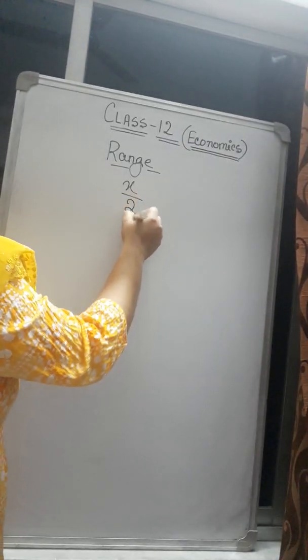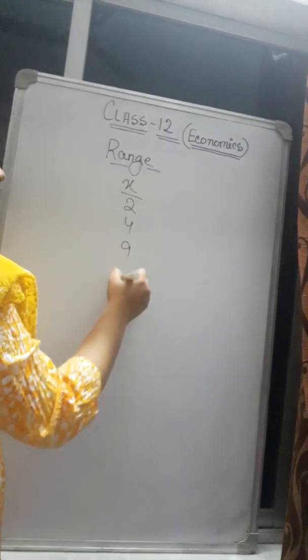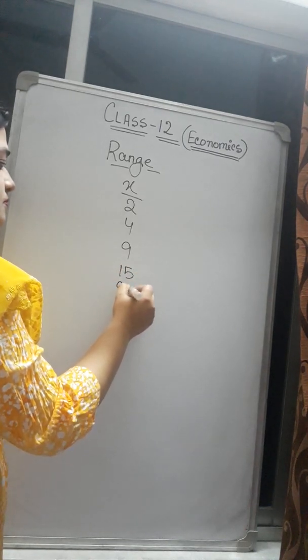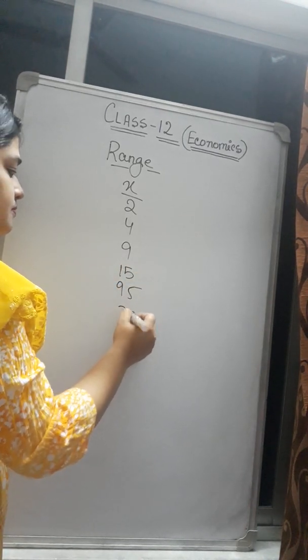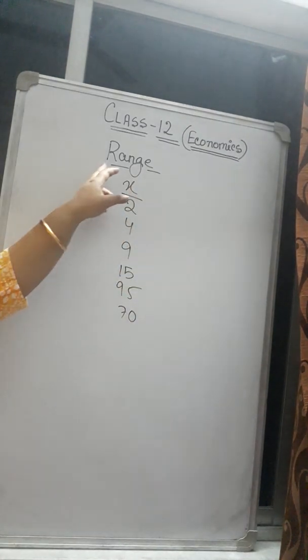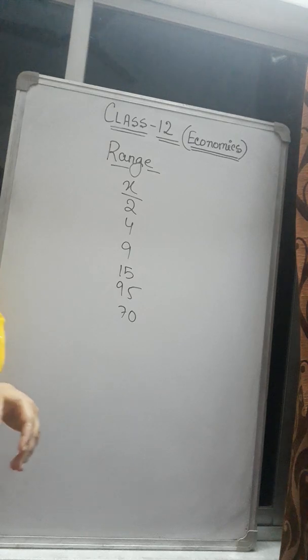This is the very easiest method of calculating dispersion. Suppose x is a variable and it takes values like these. Now how to calculate range?